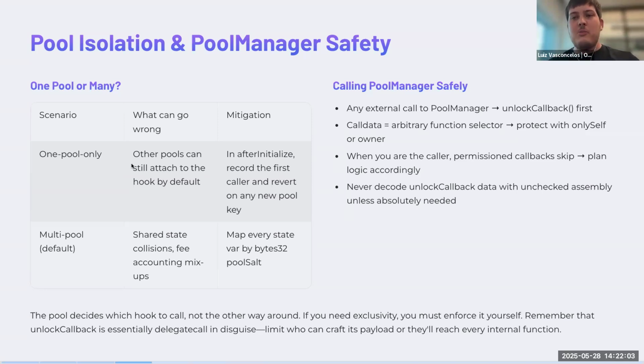So you need to have some way to prevent that. Basically here is the solution: in after initialize, before initialize would also work, you just get the first pool key that you used and you revert in all other cases. So you are able to have a single pool key within that hook.